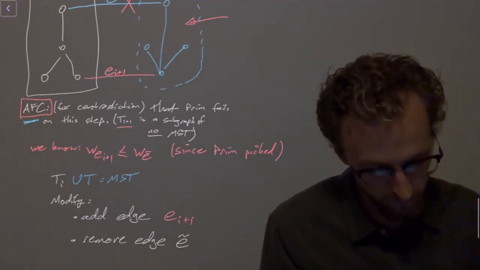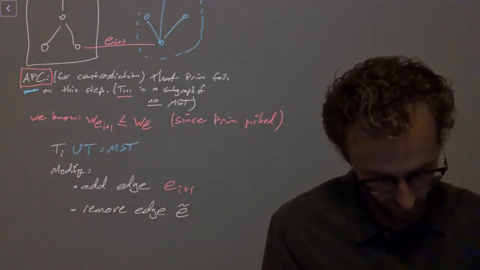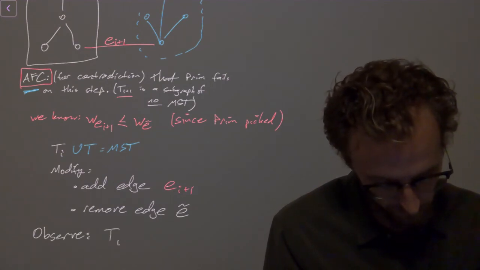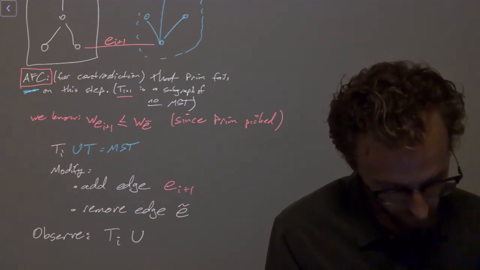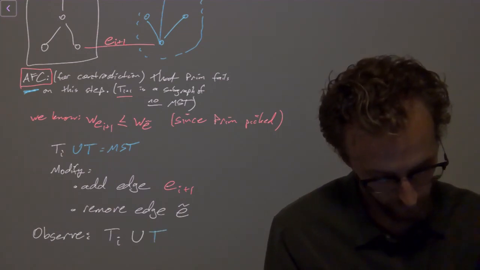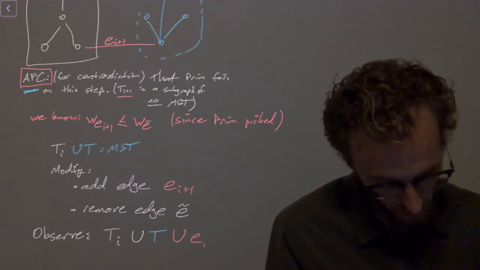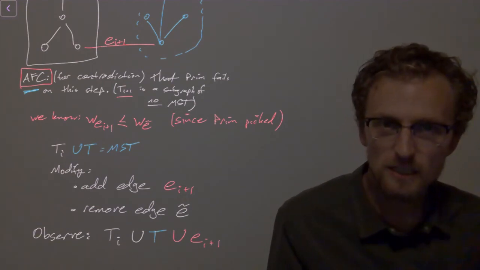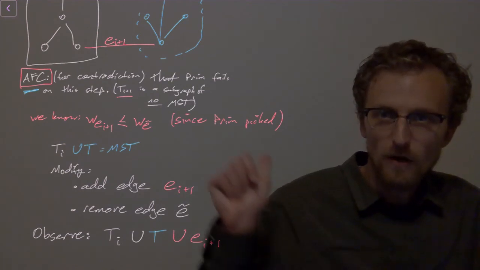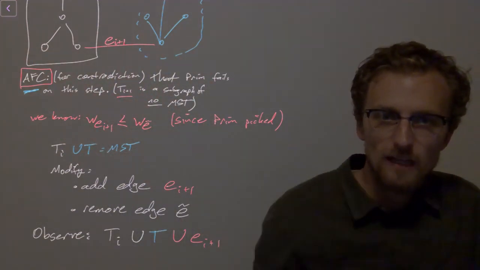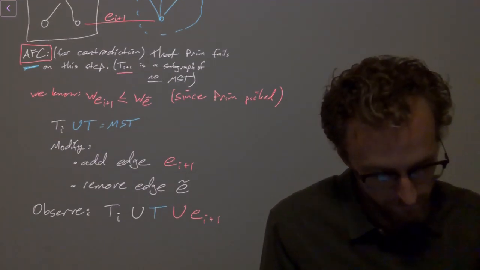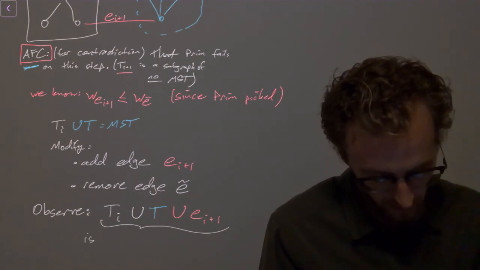Now observe Ti union blue union E I plus 1. I'm abusing notation a little bit here, saying that I can union an edge into a tree. But the graph that is constructed by taking the white, the blue, and then adding that little red edge there is a spanning tree, based on the argument I just made.